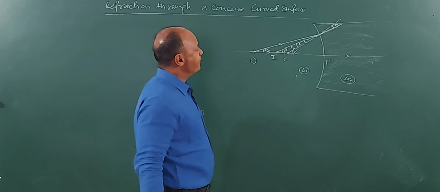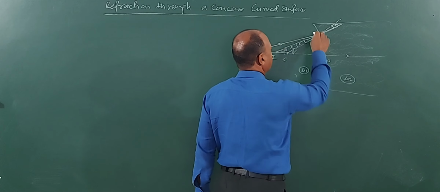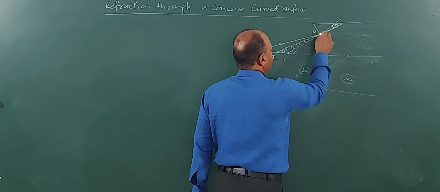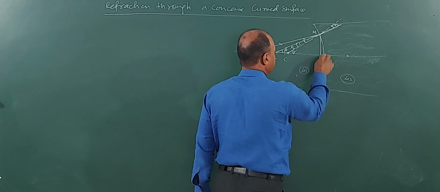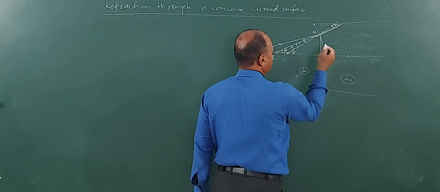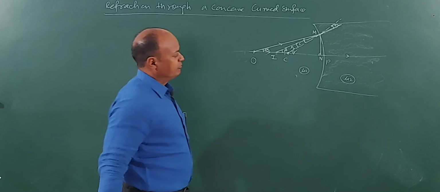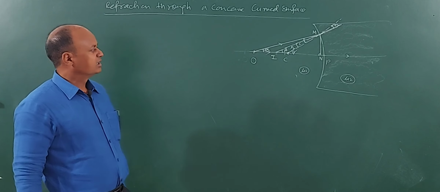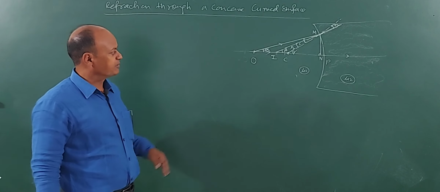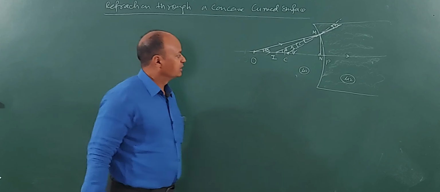This point like before we will take M. From M we will draw a perpendicular, MN. This angle is 90 degrees. And we will assume that points M and N are coincident. So our assumption is the same that we had before.